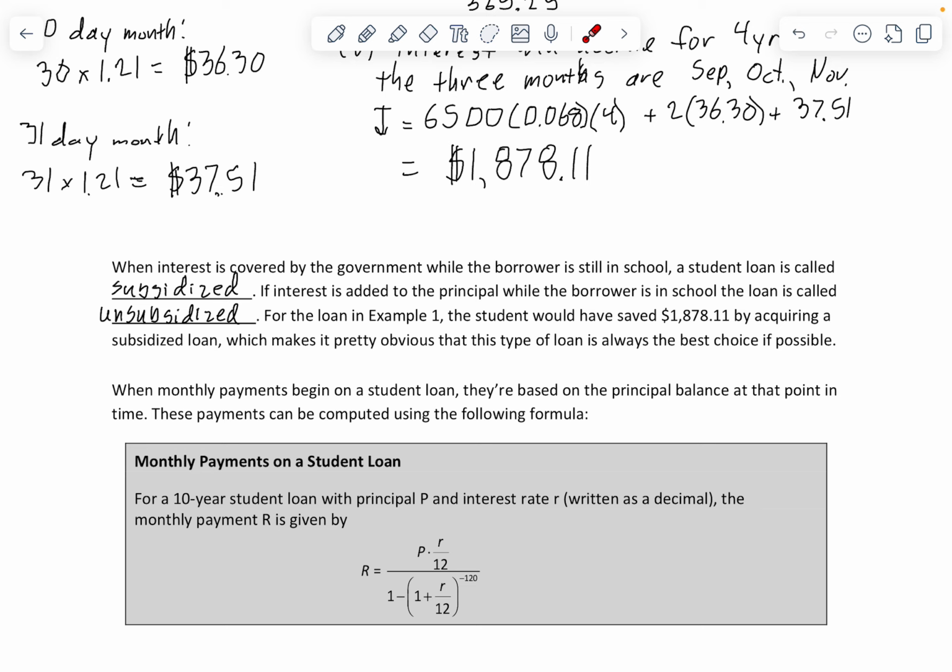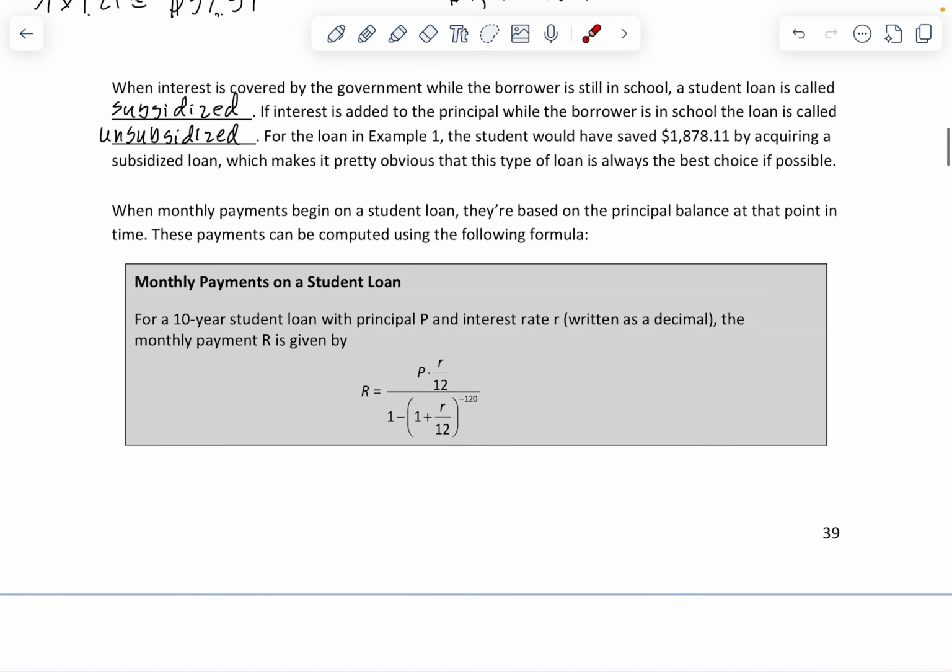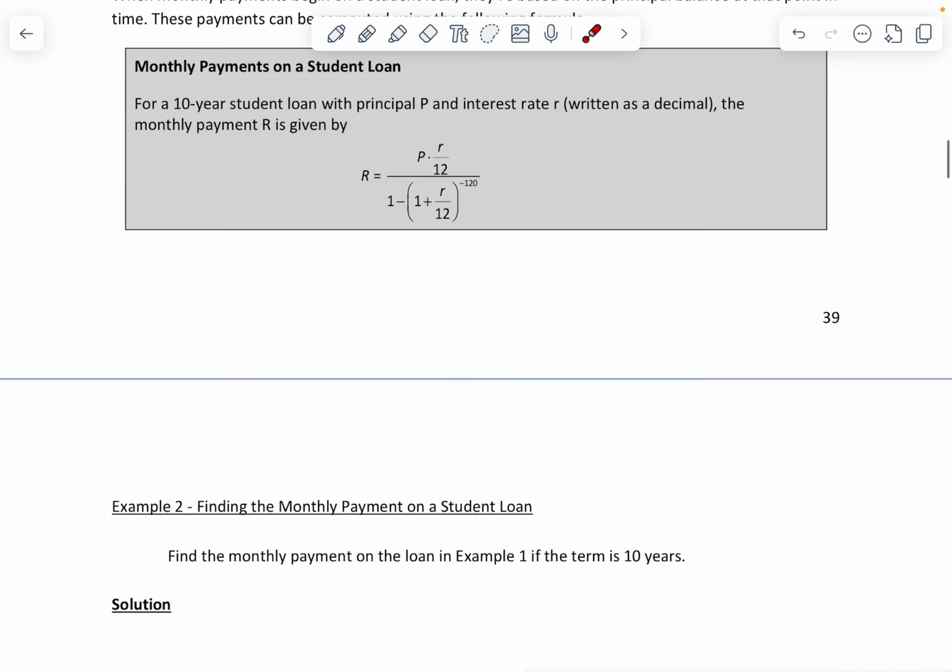So let's look at an example where we use this formula. Finding the monthly payment on a student loan.